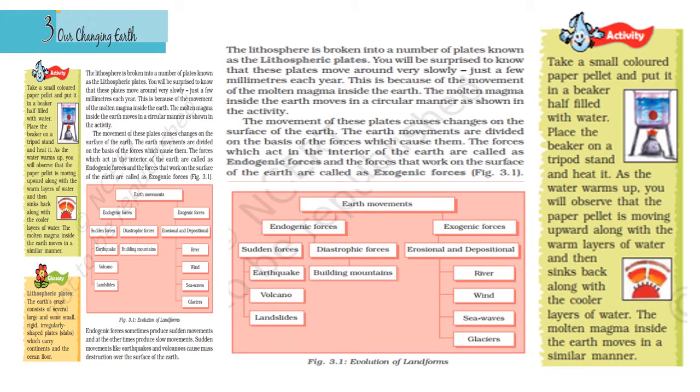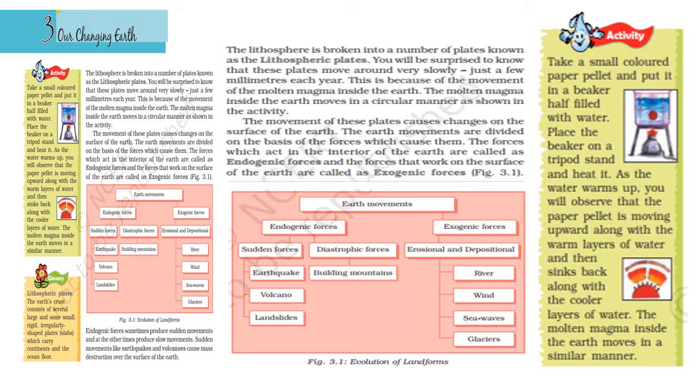So earth movements are of two types due to two forces, endogenic and exogenic. Endogenic forces are of two types: sudden forces, which bring sudden changes on the earth's surface, such as earthquakes, volcanoes and landslides; and diastrophic forces, which bring changes very slowly, for example mountain building.